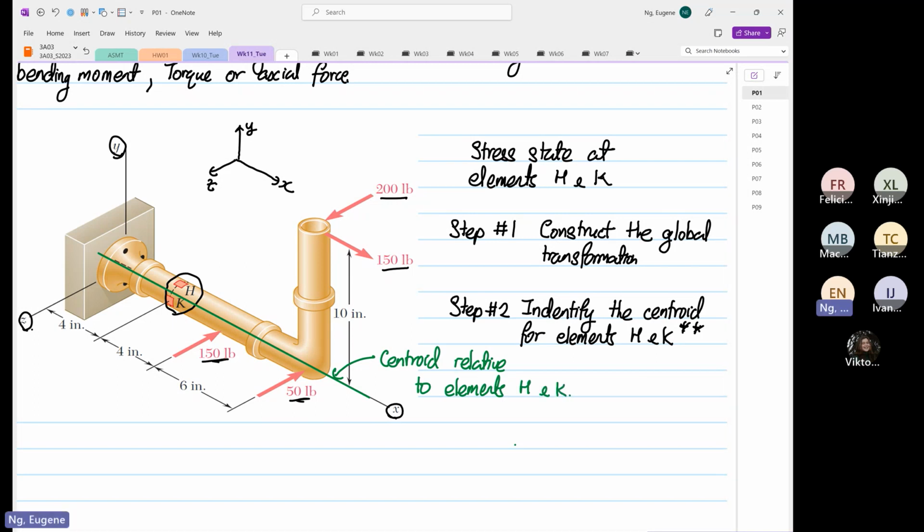Now, this is the question that we're trying to solve. We are guessing that elements H and K are the point of failure.